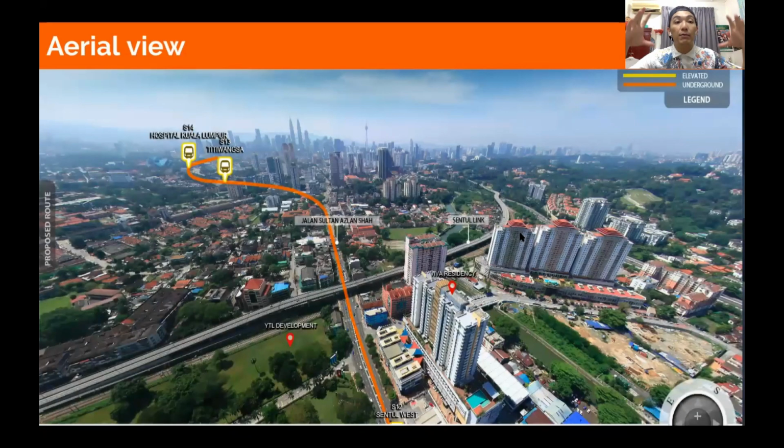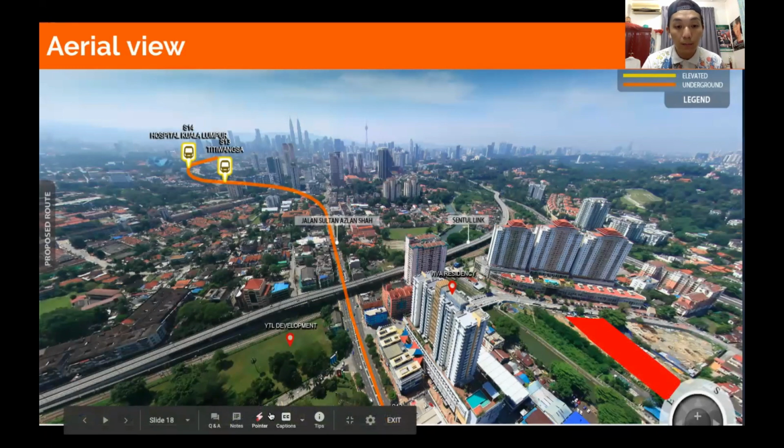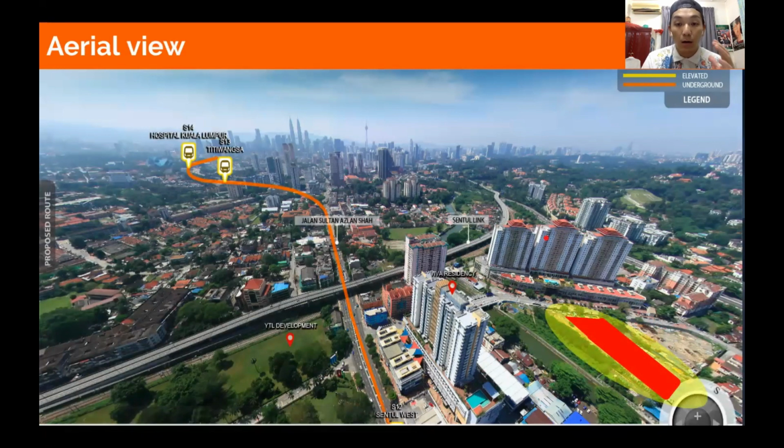So this is the area view of the project. Highlighted is the project. Then, okay, what is the orientation and the facing of the units?